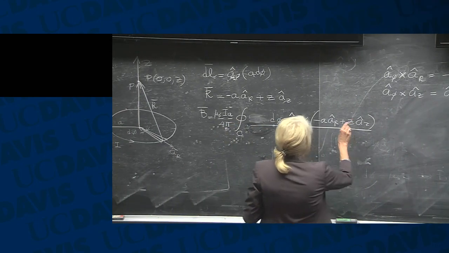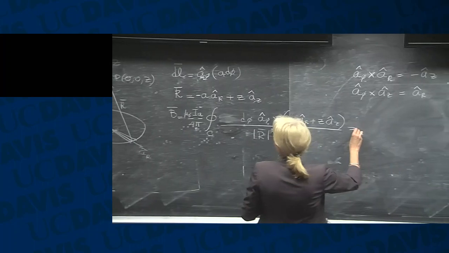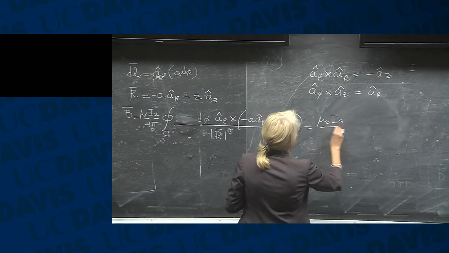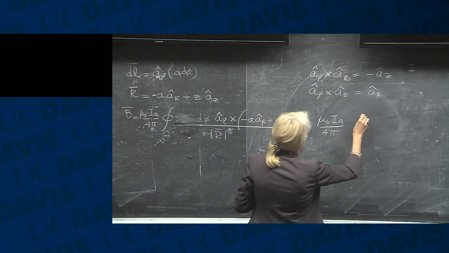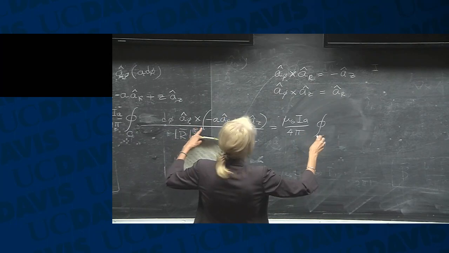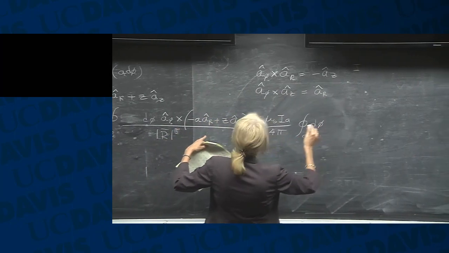So we go here, and we have mu sub naught I A over 4 pi. I will still keep this, and then I will deal with that next. And then I have d phi.